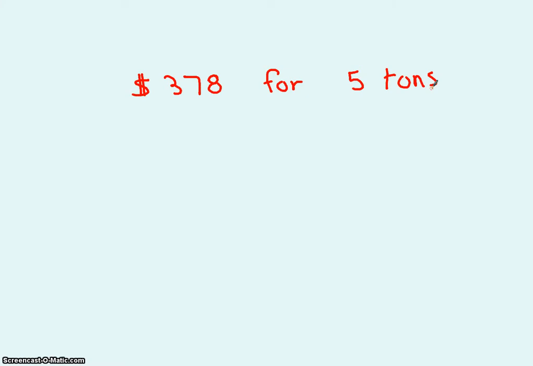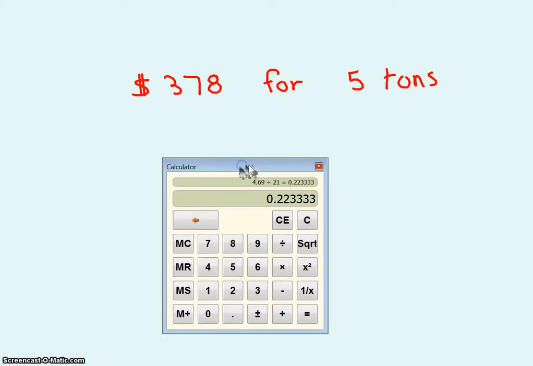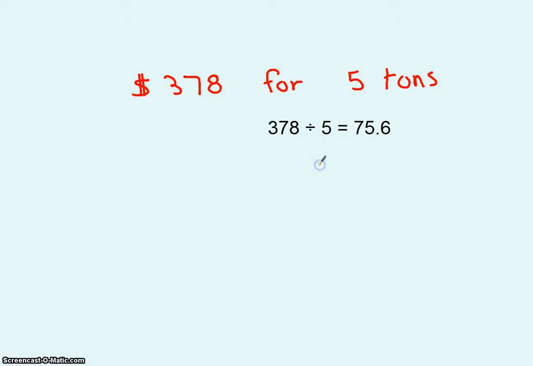You'll simply calculate 378 divided by 5, and you'll find out that apparently it is $75.60 per ton. So to get a unit rate, you simply divide the cost by whatever number of units you're talking about. Okay, that's it.